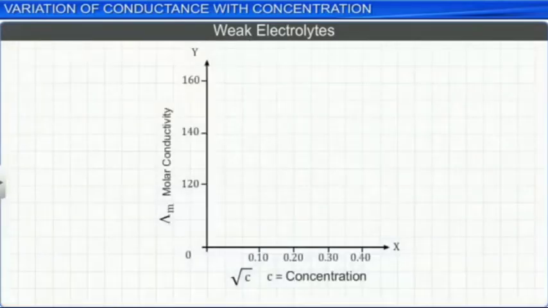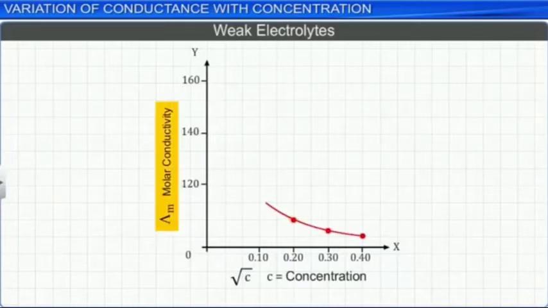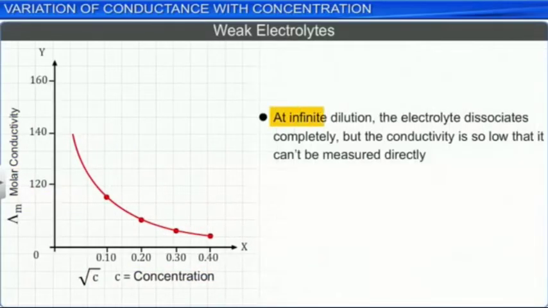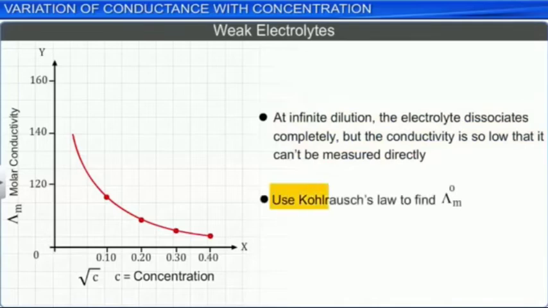Since the relationship isn't linear, we can't determine the limiting molar conductivity by extrapolating back to zero concentration. At infinite dilution, the electrolyte dissociates completely, but the conductivity is so low that it can't be measured directly. Instead, we can use Kohl-Rosch's law to find the limiting molar conductivity.